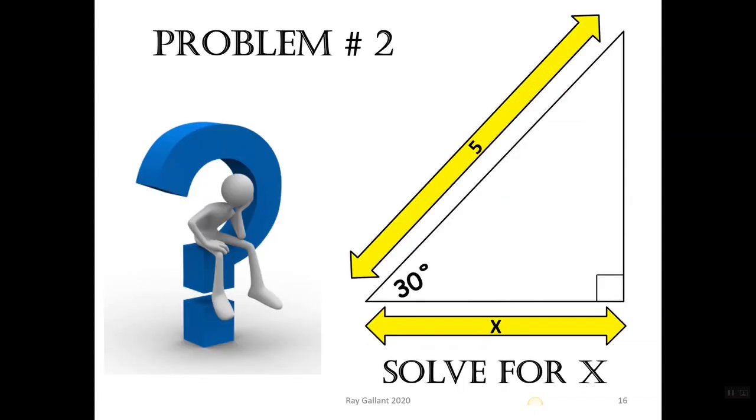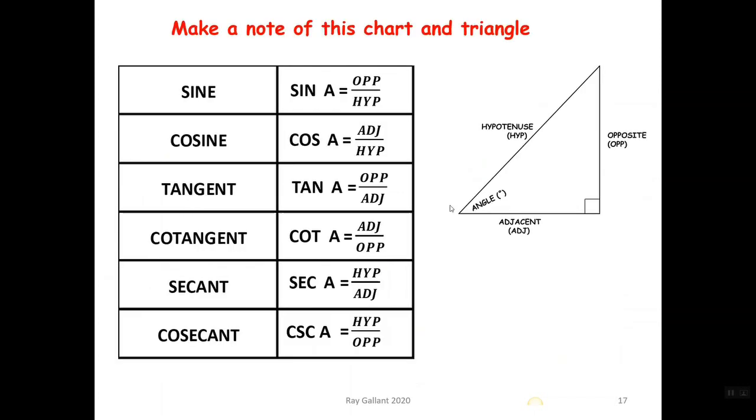Okay, problem number 2. So now what we have is we still have our length here, our largest side, which is called the hypotenuse. Now this one here, because the angle is right here, what's this guy called? This is the adjacent. So what we want to find, we're going to put on top. So it's going to be adjacent over hypotenuse.